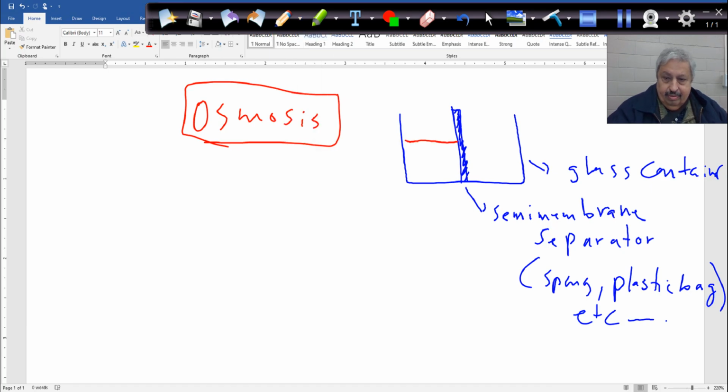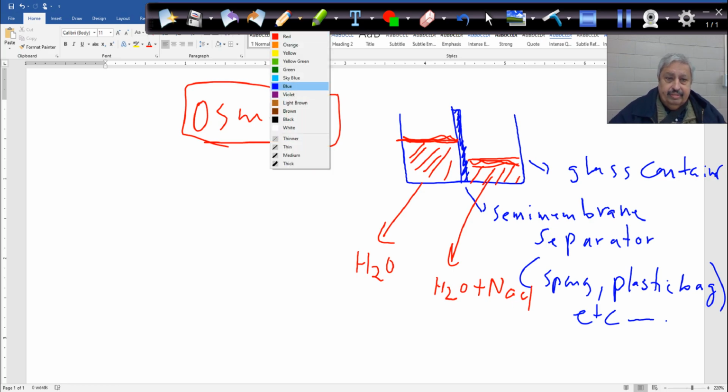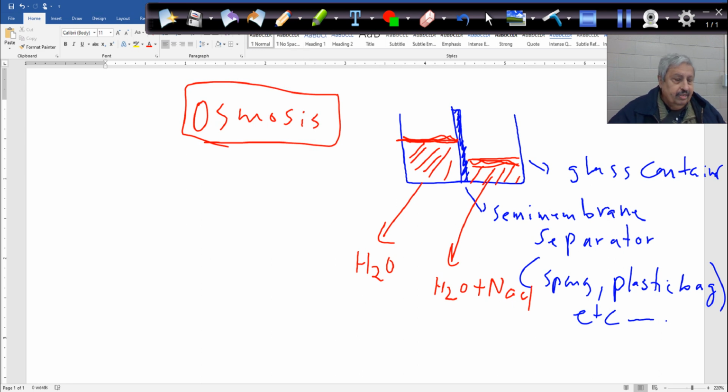This one here, H2O, and the other one, the H2O is a little bit here. Let's make it bigger here. And here, this is H2O with salt. Now after a while, after a few days or whatever, it depends on the diffusion.